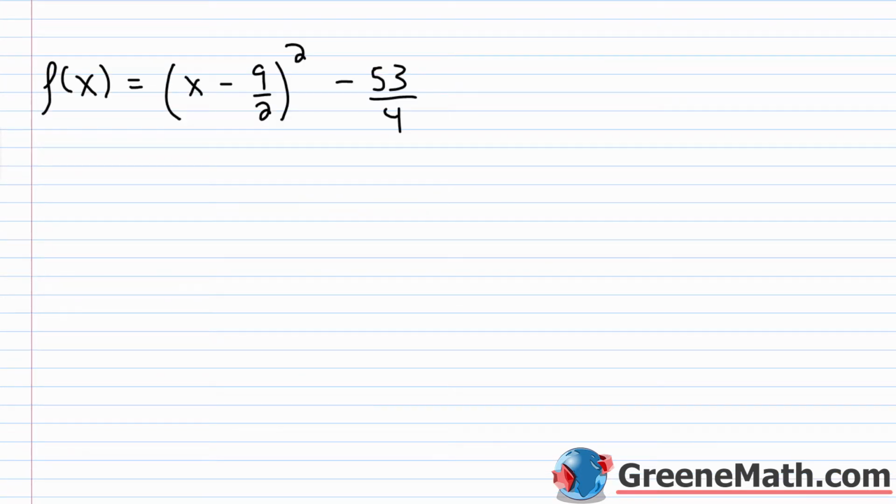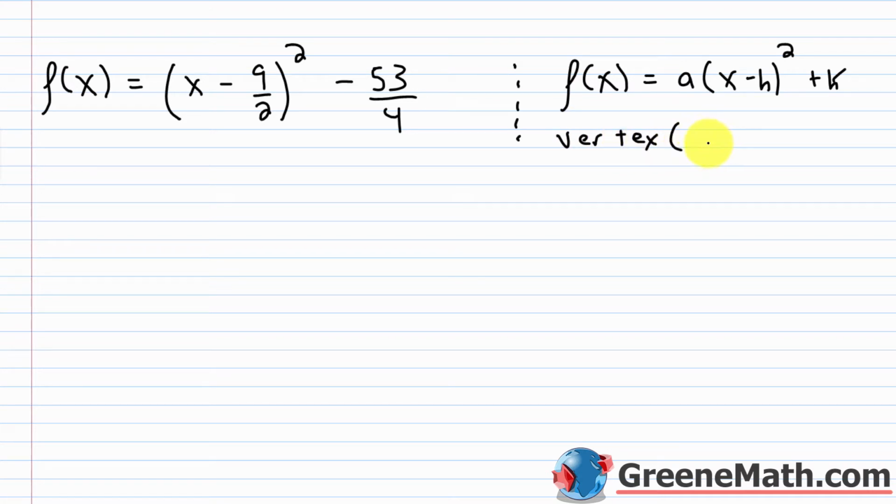Okay, so let's scroll down. And I want to write the vertex form one more time. So we have f of x is equal to a times the quantity x minus h squared plus k. The vertex occurs at the point h comma k. Here's where you have to be ultra careful. You do have a minus sign here and here.